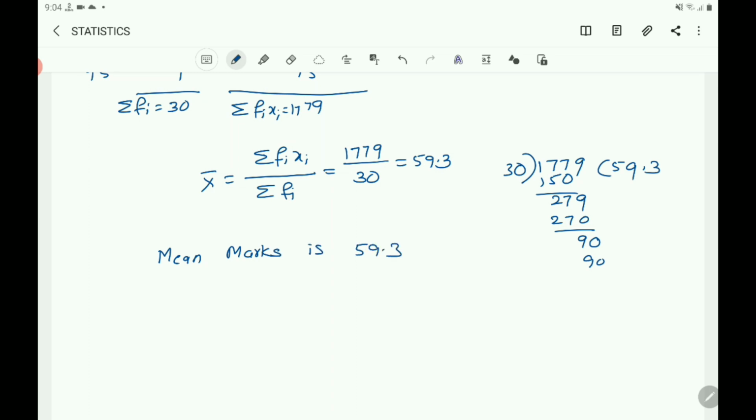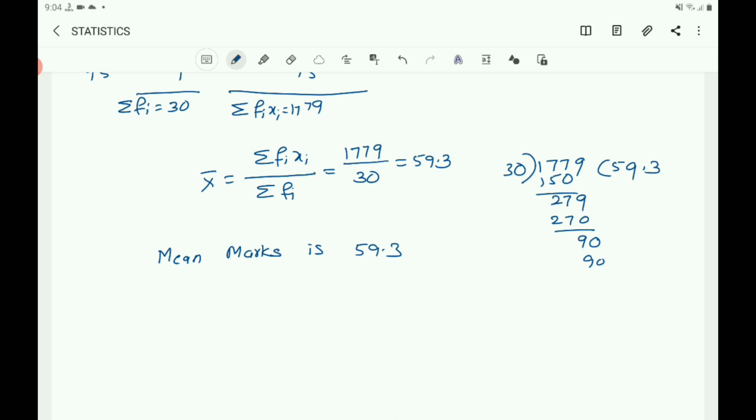Now here you know that in most of our real life situations, data is usually so large that to make a meaningful study, it needs to be condensed as grouped data, that is having class intervals.